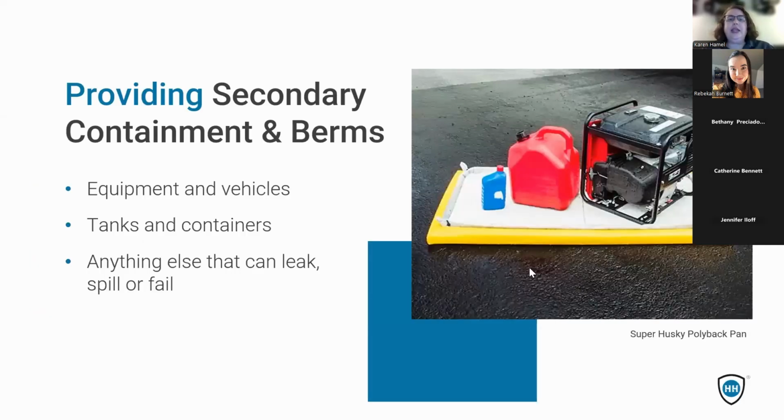Another area is looking at placement for secondary containment berms. This might be in a storage area with drums, it might be in bulk storage, it might even be equipment. I recently worked with a very large company. They do waste hauling, both residential and industrial residual wastes, and they had a fleet of more than 800 garbage trucks.